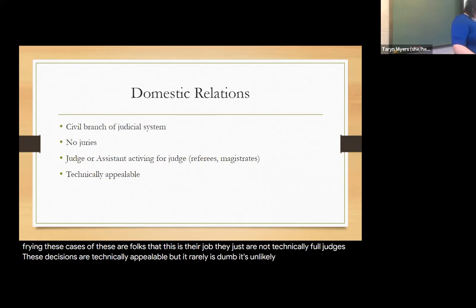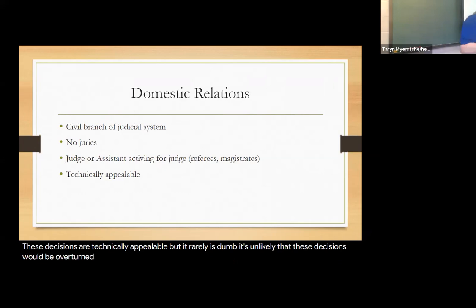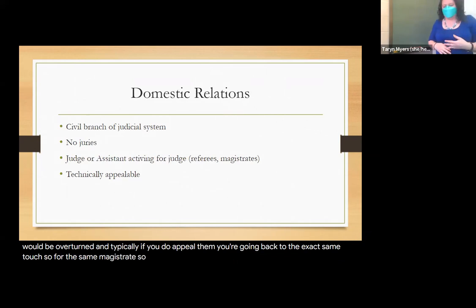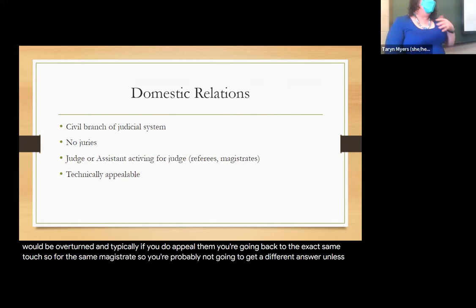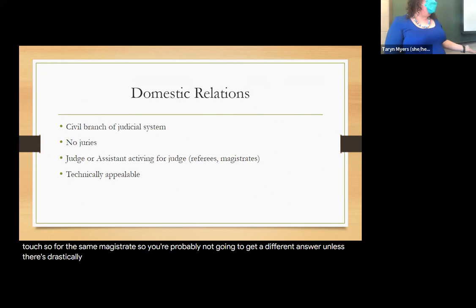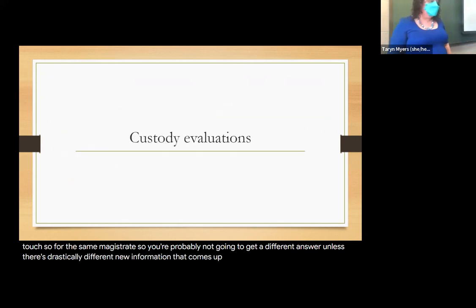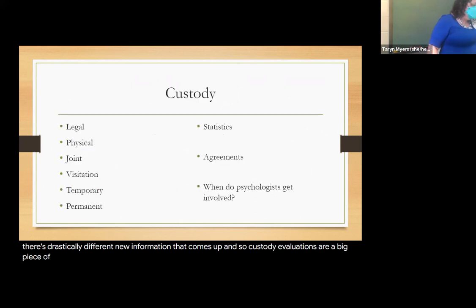It's unlikely that these decisions would be overturned. And typically, if you do appeal them, you're going back to the exact same judge, or say magistrate. So you're probably not going to get a different answer unless there's drastically different new information that comes up. And so custody evaluations are a big piece of this.